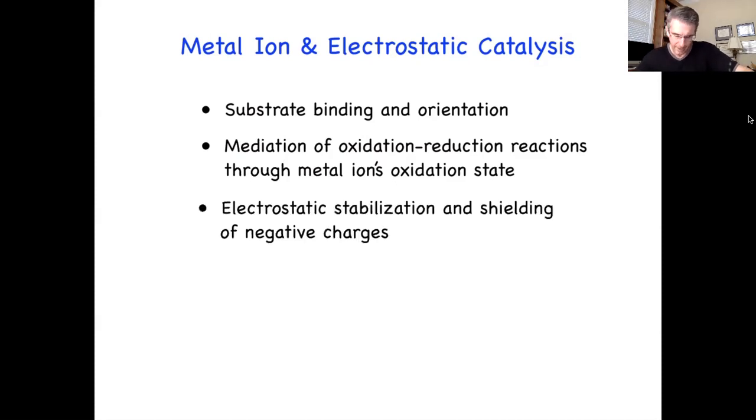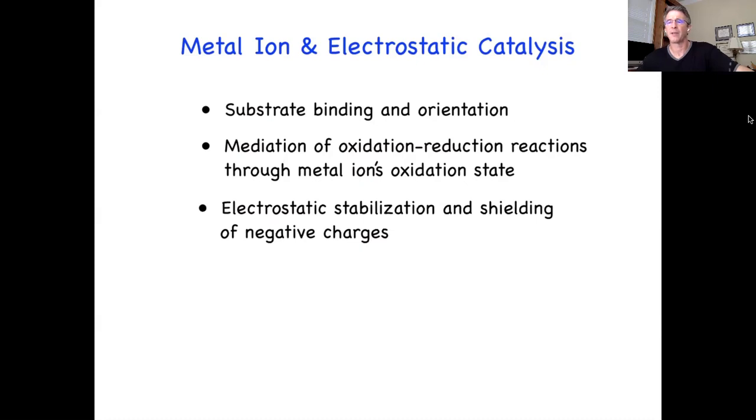Another really common way, and this is where we have this sort of overlap between metal ion electrostatic catalysis, is metals, because they're generally positively charged, right, can stabilize the development of negative charge in a transition state of a reaction in incredibly effective ways, right?